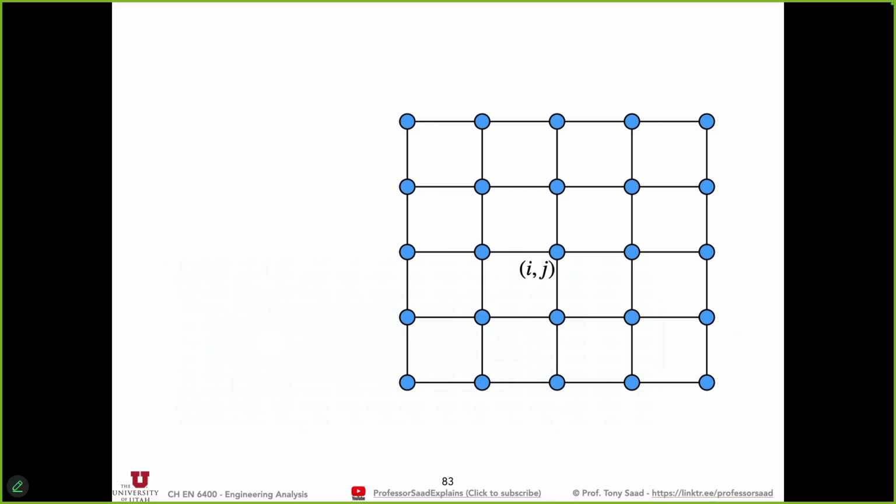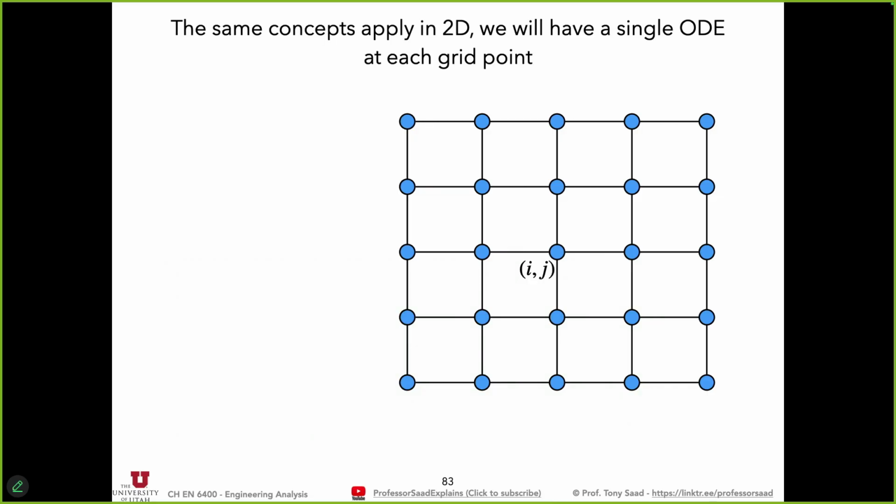And in two dimensions, the same idea applies in that we will have a domain here represented in this square domain, and I'm putting grid points in the x direction and the y direction, but I need to crisscross those grid points. Because I don't have one dimension, for every x value, I have grid points in the y direction.